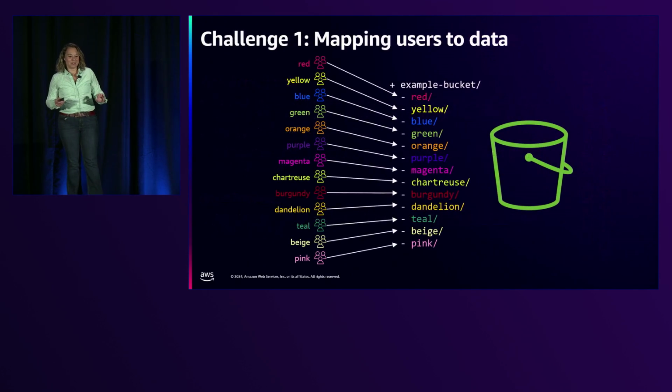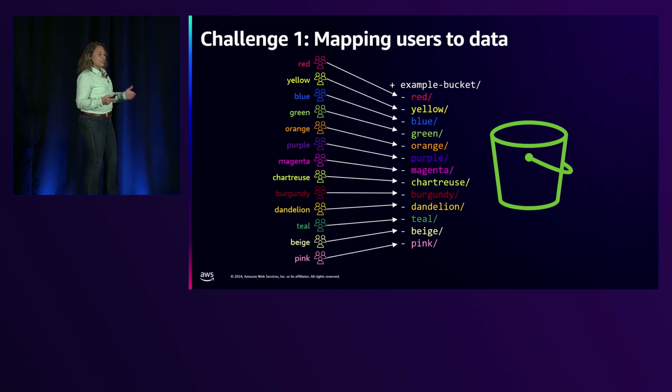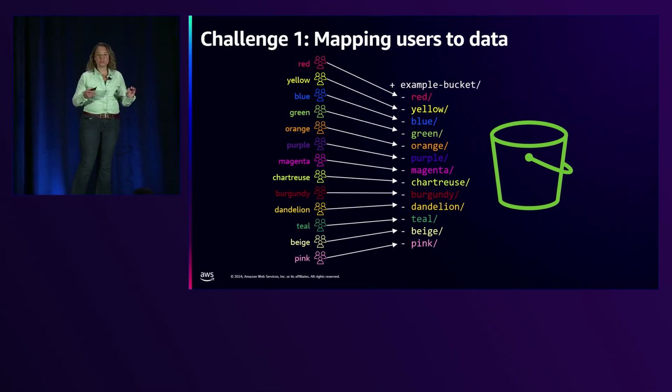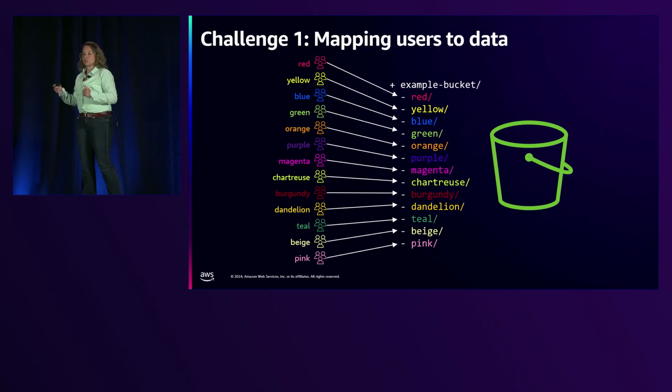It's very common in a data lake to have the need to map users to their access to data. The way most organizations think about this, probably yours, is that you, as an employee of wherever you work, are a member of some groups in the directory or some other system of record.